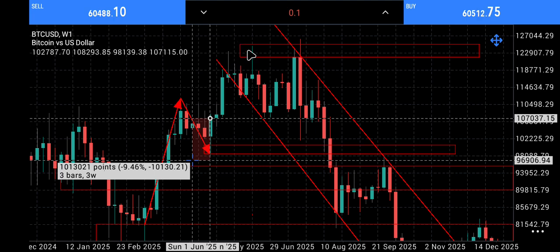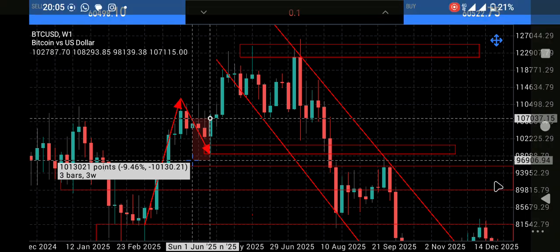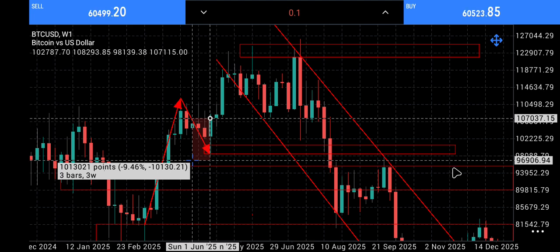So if you bought at 107,037.15, then you could have set your stop loss at 96,906.94. That is the area you could have exited that market.